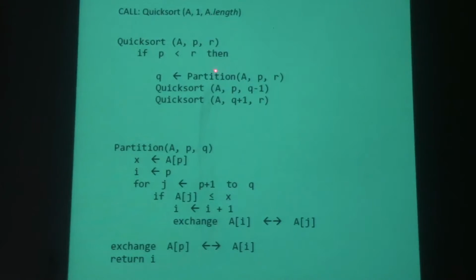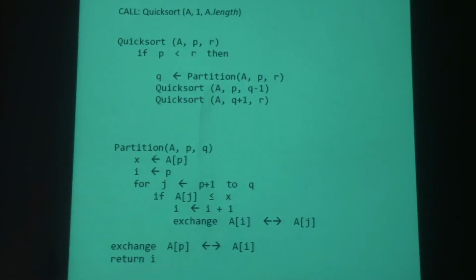Then call partition, which takes an arbitrary element and places it using the partition algorithm that we talked about, and returns the index of that location. Then recursively we quicksort from P to the left of that element, and then recursively again the right side.